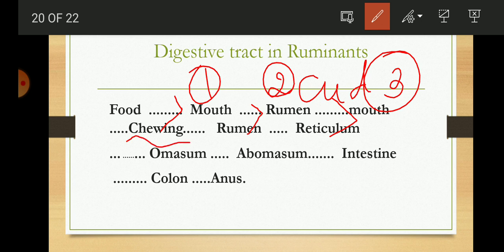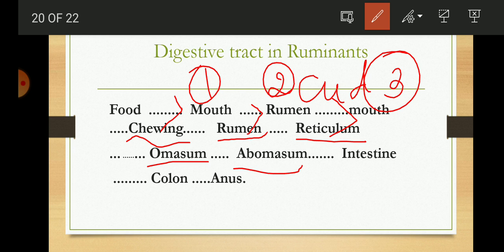So chewing is done in the mouth again, and thereafter it reaches again the stomach, that is the rumen part, and thereafter it mixes with the reticulum part of the stomach and the third chamber, omasum, and at the last chamber the food goes into the abomasum region.